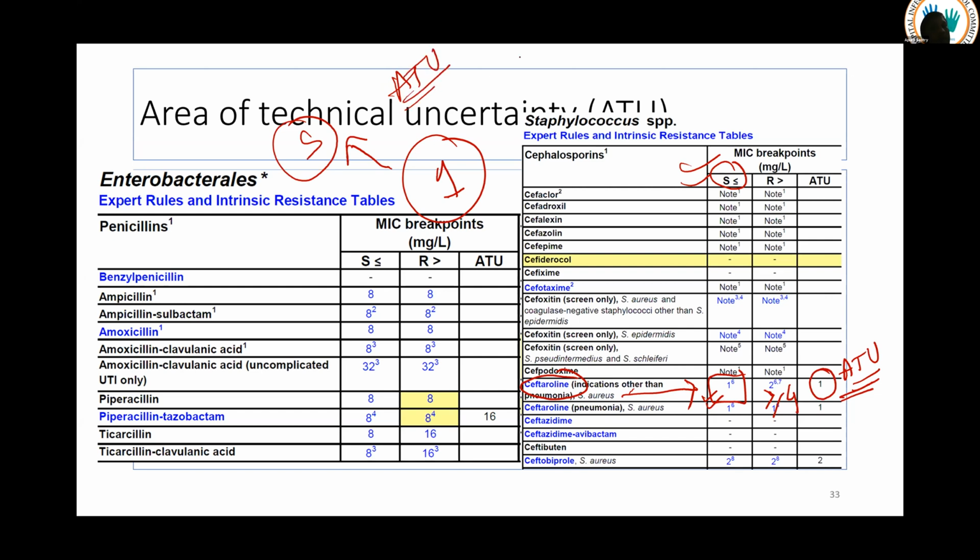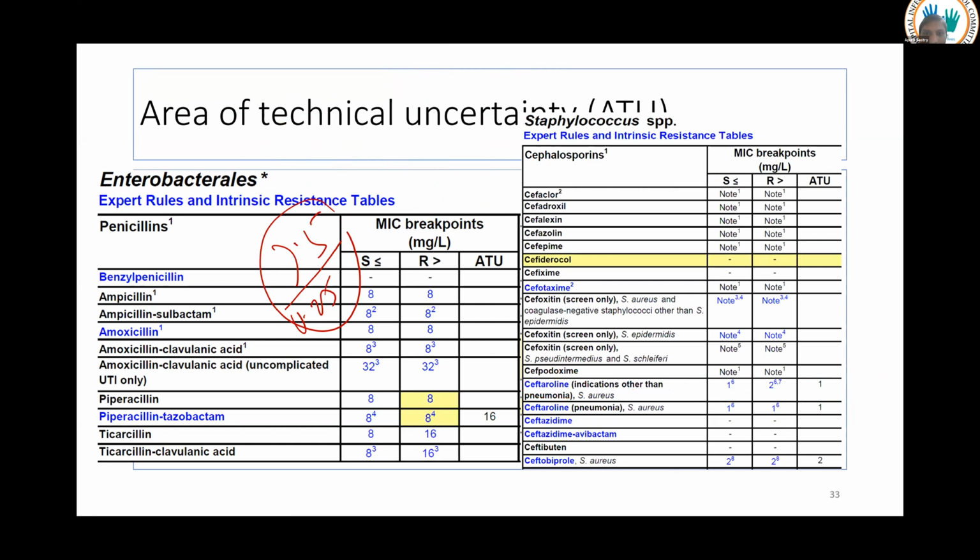It may be actually resistant also, which you have to rule out. However, 0.5 MIC or 0.25, anything lower than that, you can reliably say that it is susceptible. So this is the meaning of ATU in EUCAST.